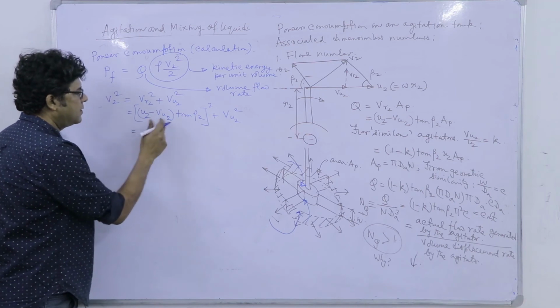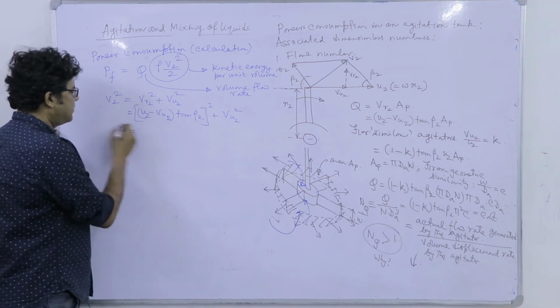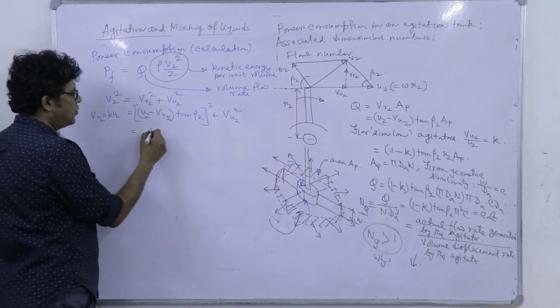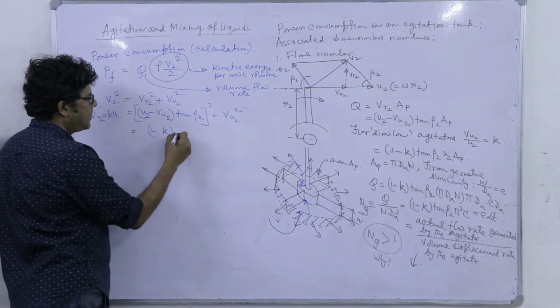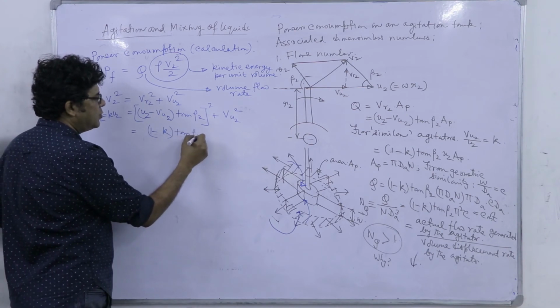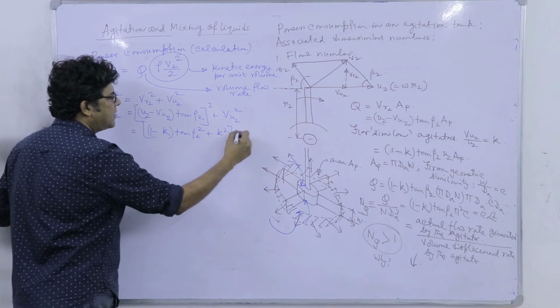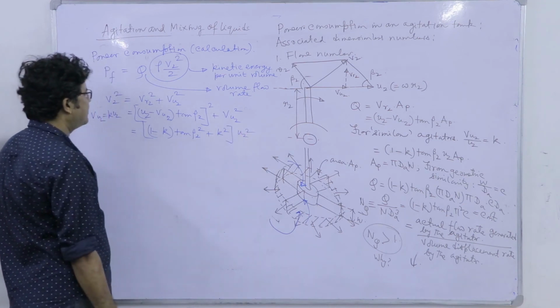And again this VU2 is equal to K into U2. So [(1 minus K) into tan beta 2] square plus K square, whole bracket, into U2 square.